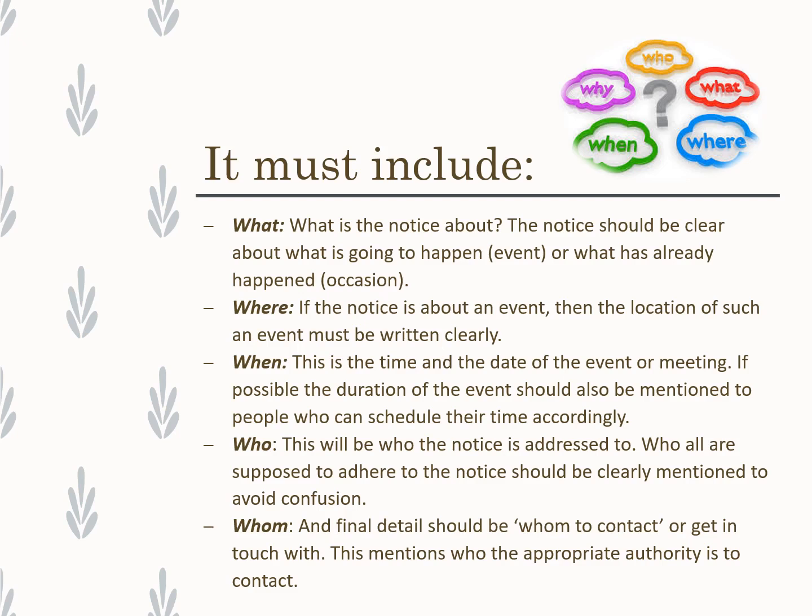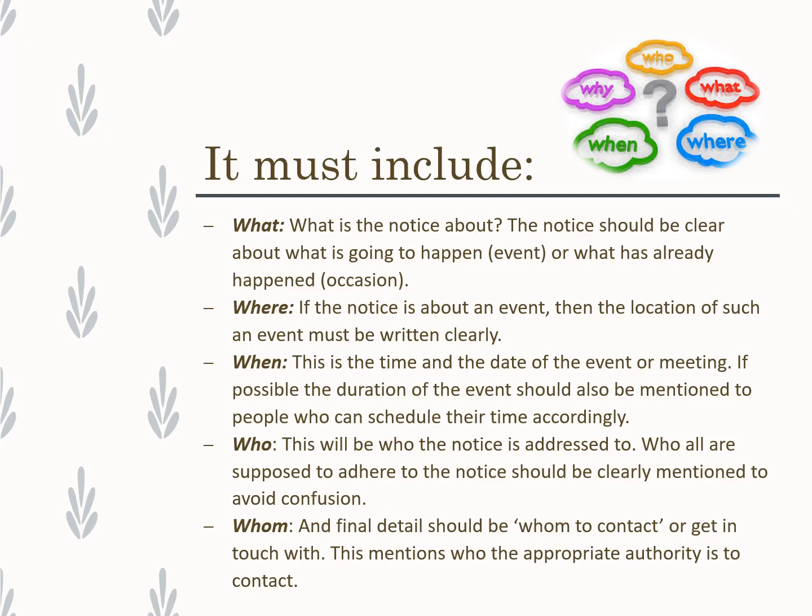Then afterwards, when. This is the time and the date of the event or meeting. If possible, the duration of the event should also be mentioned so people can schedule their time accordingly. Now the next one is who.